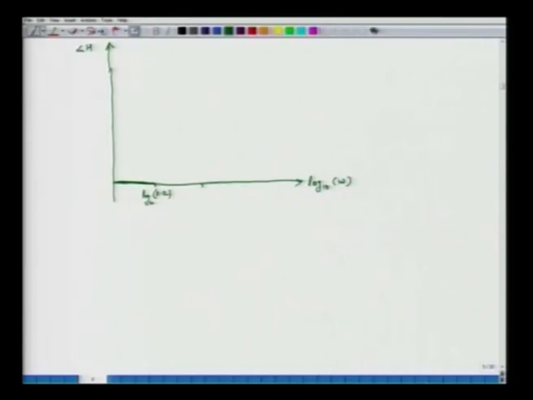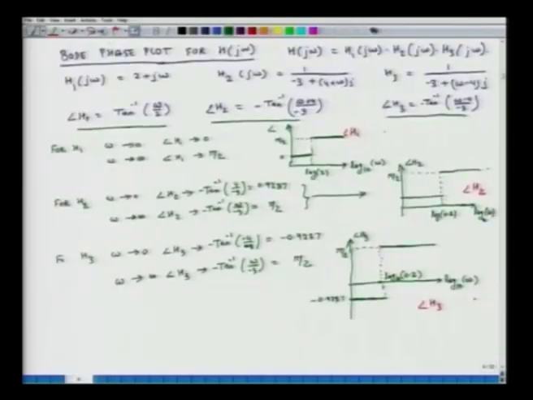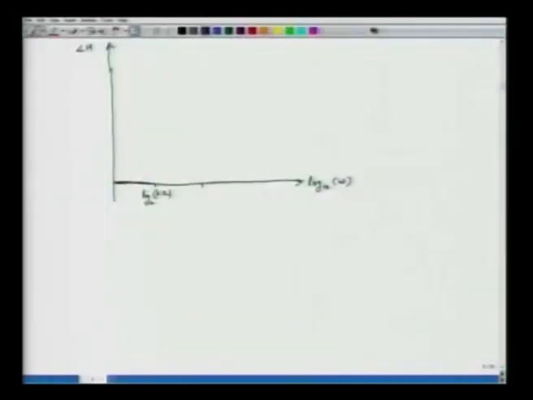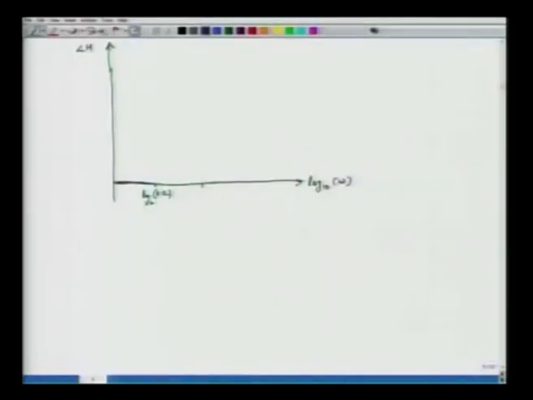Then for the range 0.2 to 2, the contribution from H1 is... So, for the range of angular frequencies between 0 and 0.2, we have seen that the phase plot is essentially coincident with the horizontal axis, and the y intercept is 0 radians. So, this is what it corresponds to, this dark blue curve.